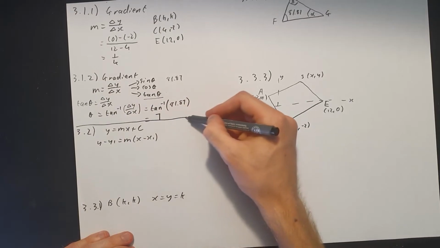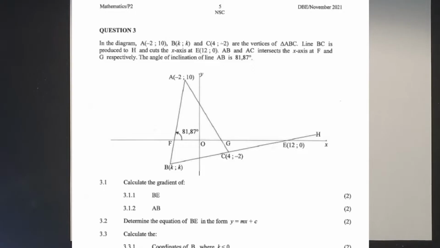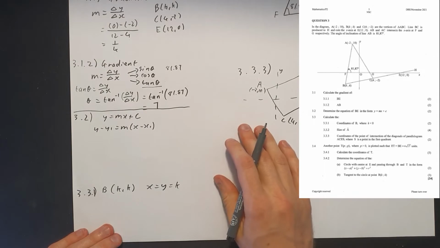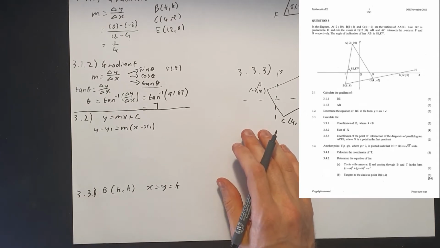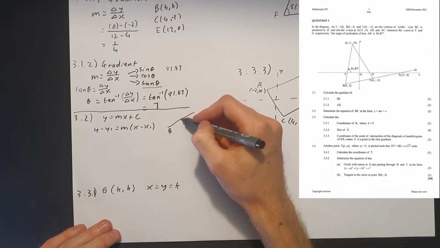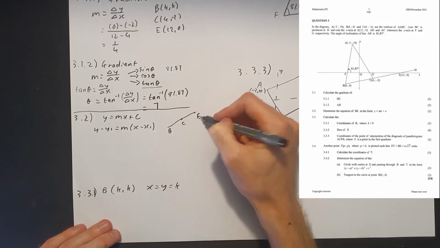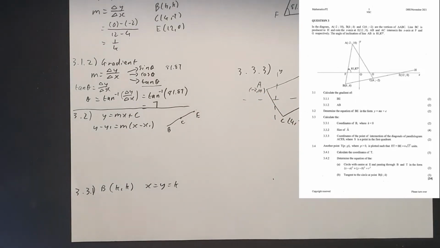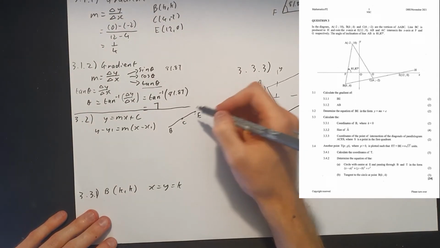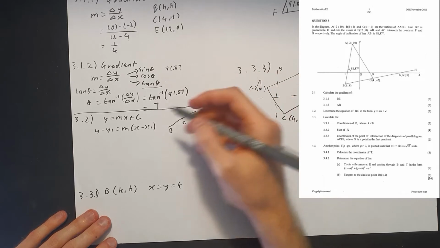Now 3.2 says determine the equation of BE in the form of y equals mx plus c. Once again, we don't have the coordinate for B, but if we use C and E, because they lie on the same line, I have B, C, and E, it all works the same as well. So we can use any one of the points, C or E, it's up to you, whichever one you want to use.